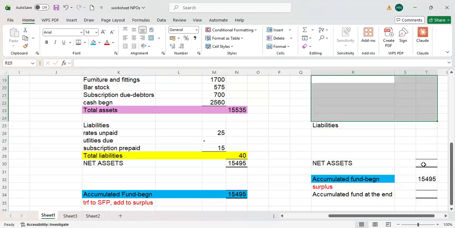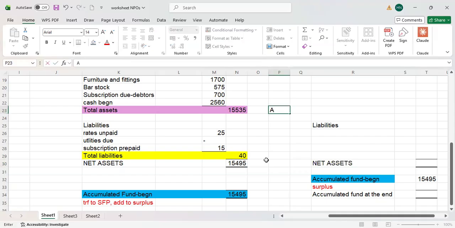You subtract to give you your accumulated fund. Okay. So we can say this is A, B, this is A minus B.